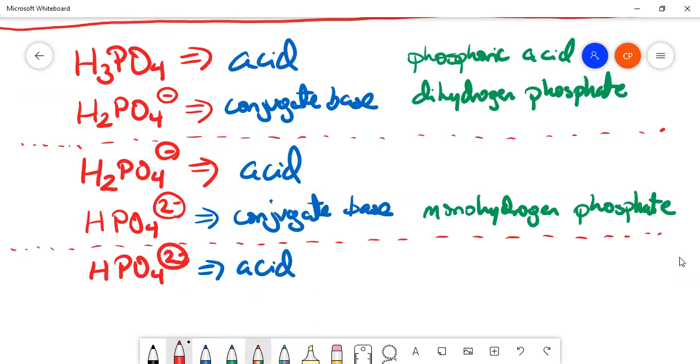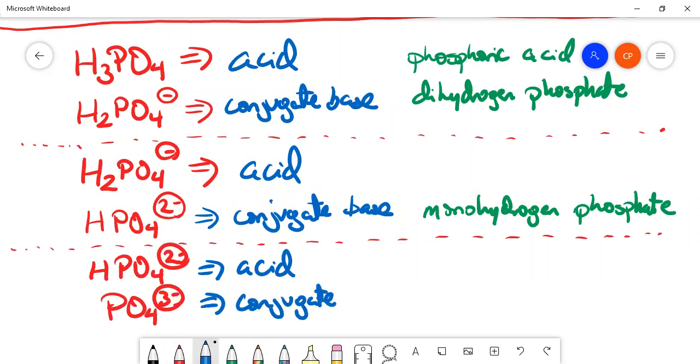What results when HPO4 2 minus gives up its last hydrogen? Well, that's just the phosphate ion left behind. That's just PO4 3 minus. Okay.